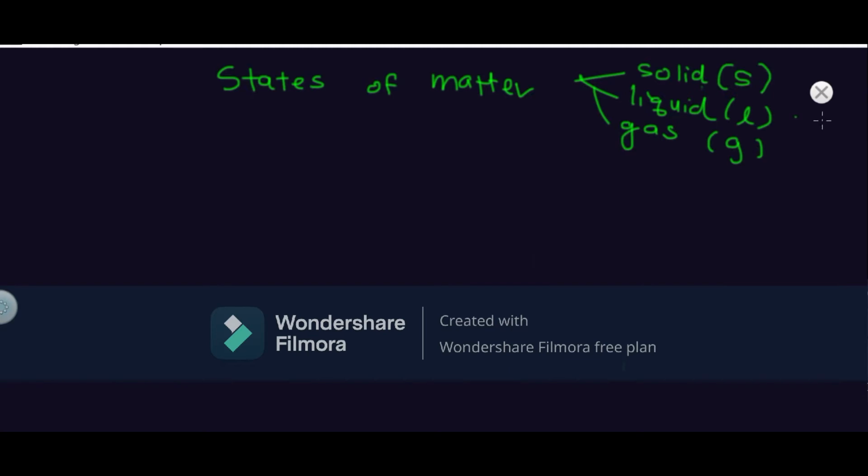And today we're going to learn about the difference between these three. We know that solid is something that is hard, has fixed shape and volume. Liquid can flow and gas can diffuse.